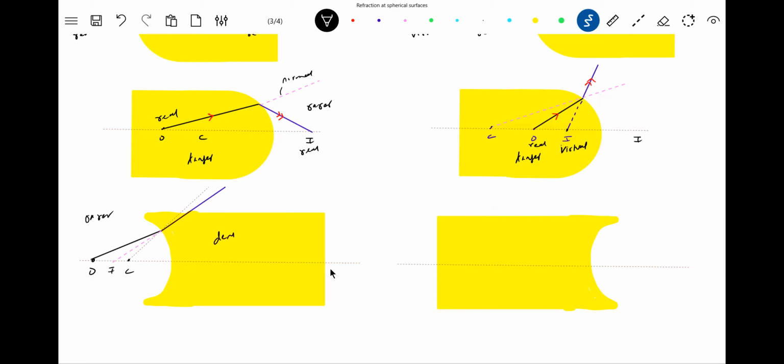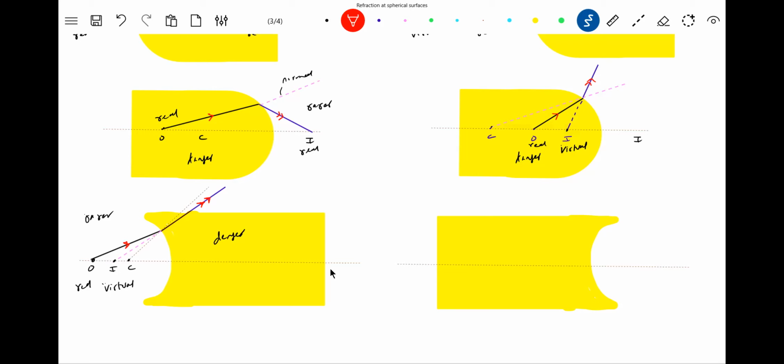This is a rarer medium. This is a denser medium. So there's a real object and a virtual image that is formed. Okay, that's one situation.